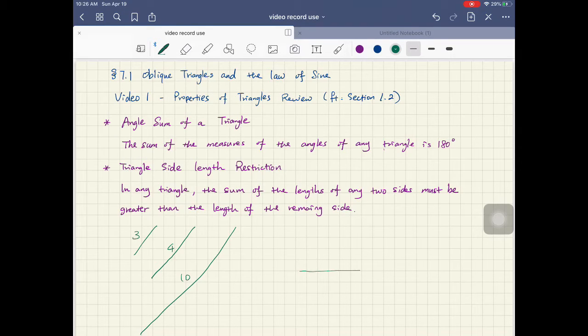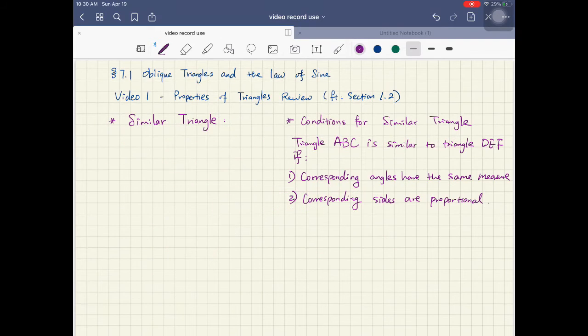For example, I have a 10 feet side on the bottom, and then a 3 and a 4 centimeter side on the other side. Because 3 plus 4 is smaller than 10, according to this restriction, I cannot form any triangle from it.